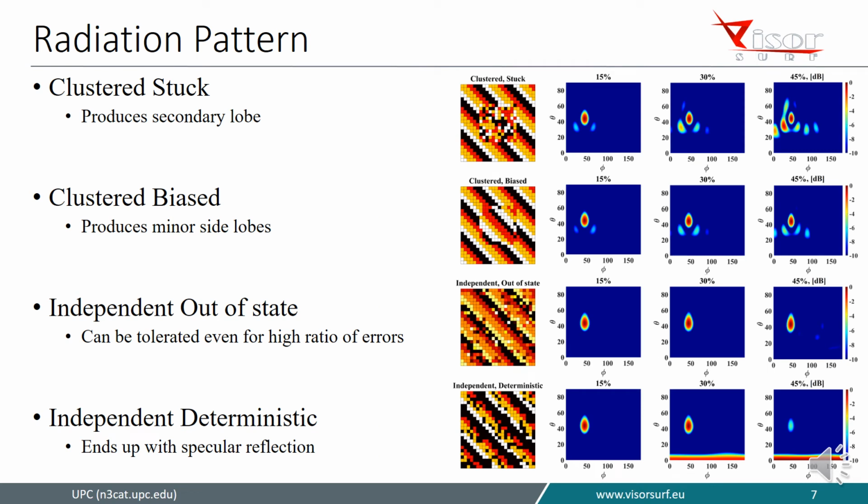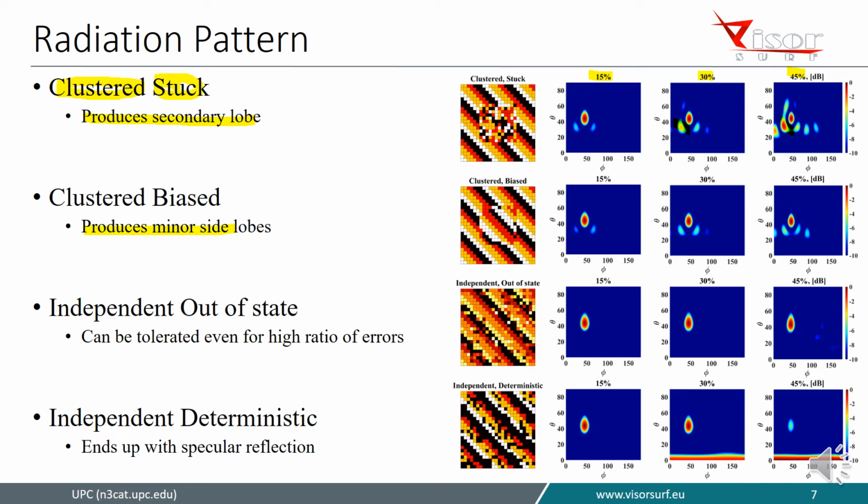Let's have a quick overview of the impact of error scenarios on the radiation pattern. To this end, we have combined a distribution with a type along with the percentage of faulty unit cells. Clustered stuck produces a secondary lobe starting at 30 degrees.